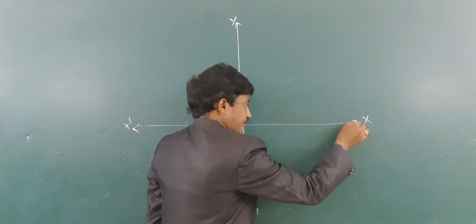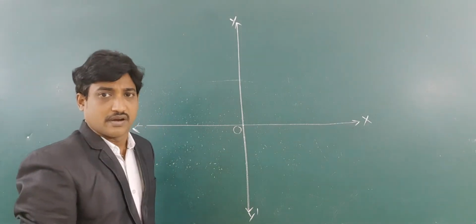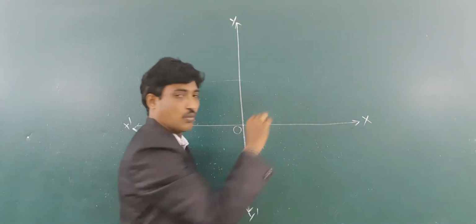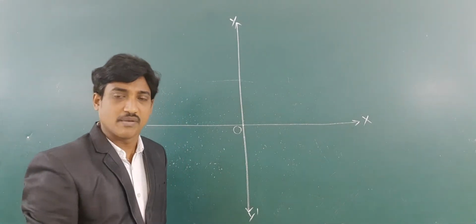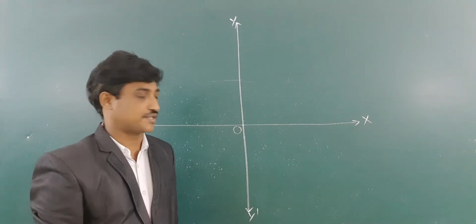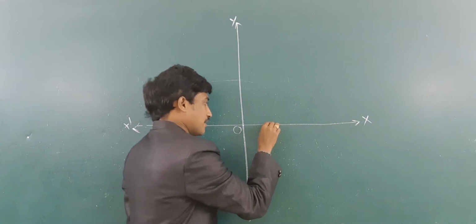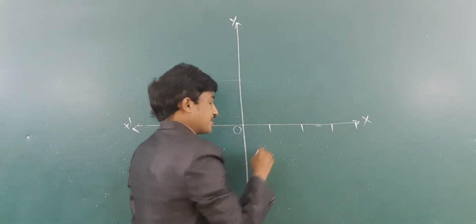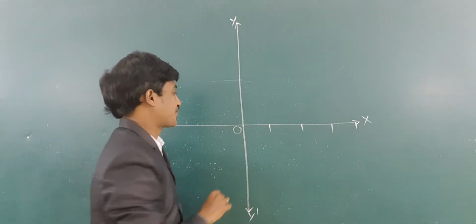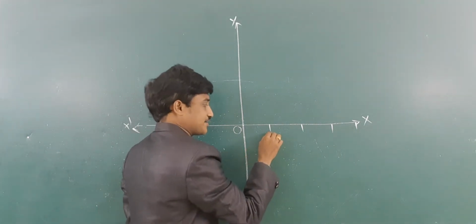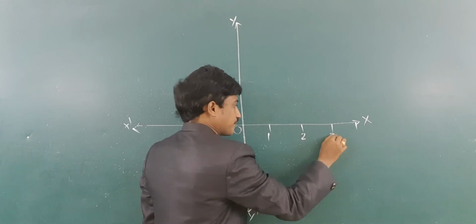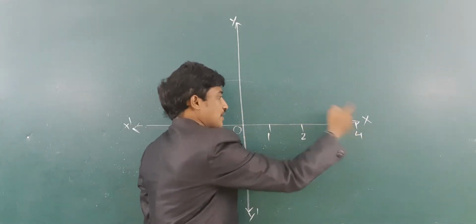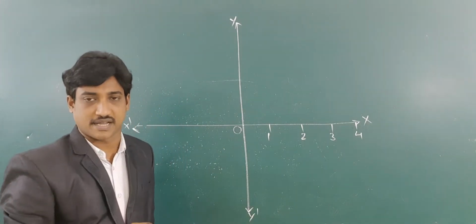Here, distances along OX will be taken as positive, so that OX is called the positive x-axis.